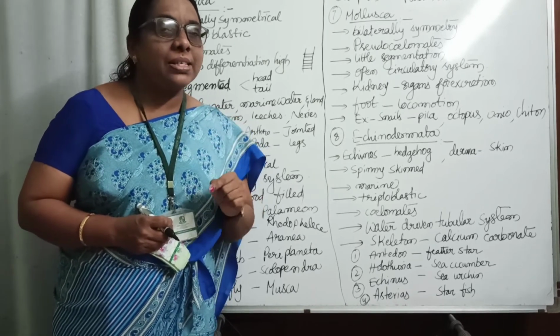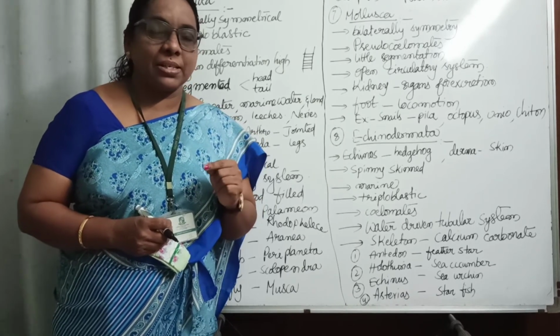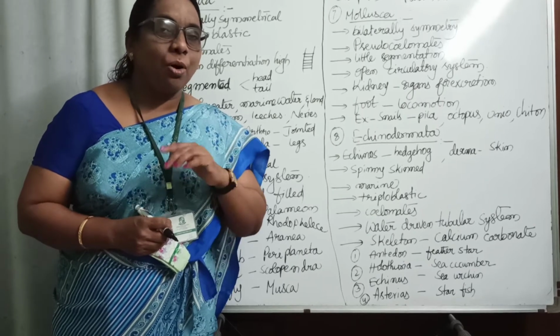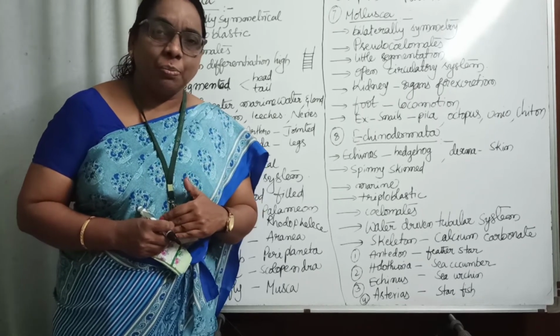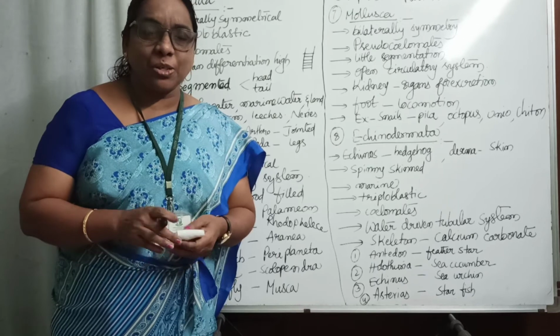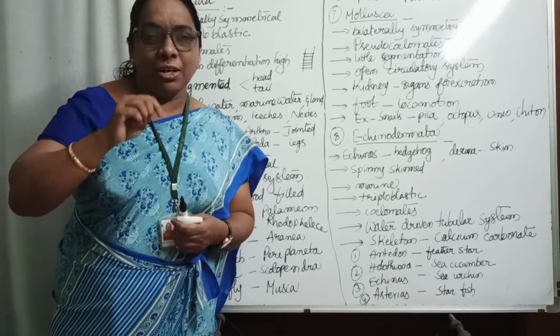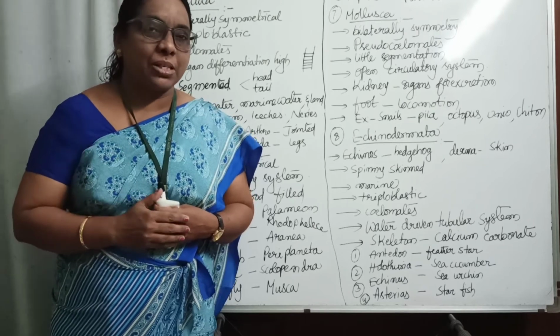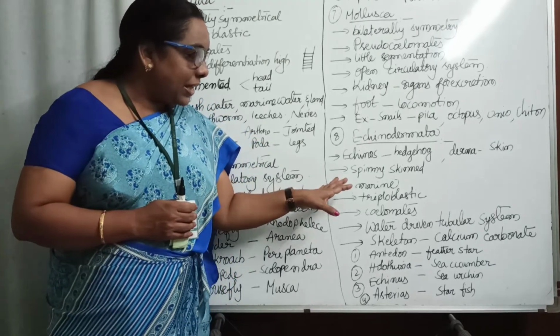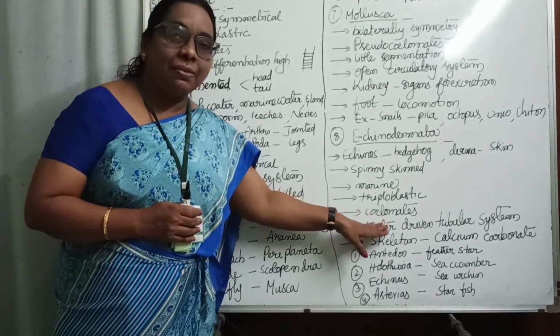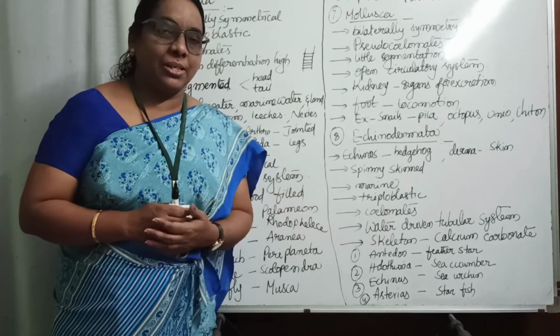About this we already studied in poriferans. In poriferans also, the whole body is provided with pores, and through the pores, water is able to move around the organism. I hope you remember this point. Exactly like this, these animals have a water-driven tubular system.